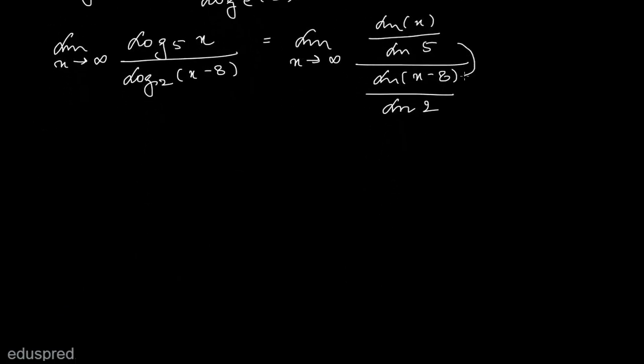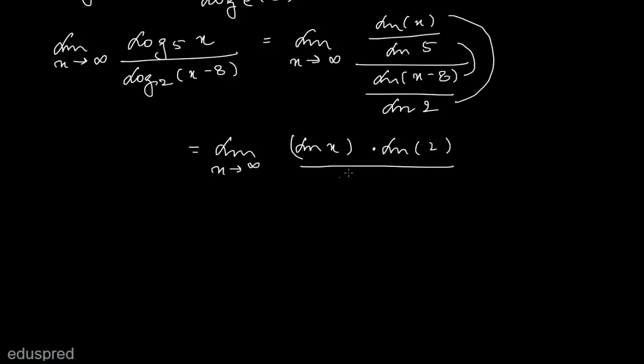Now these get multiplied, which come in the denominator, and these two get multiplied, which comes in the numerator. So your expression looks like limit x tends to infinity ln x multiplied by ln 2 divided by ln(x minus 8) multiplied by ln 5.